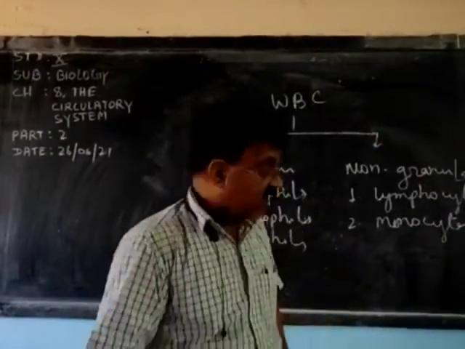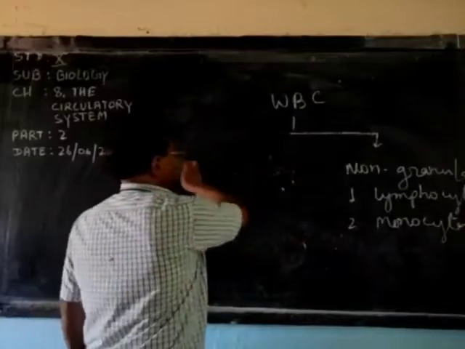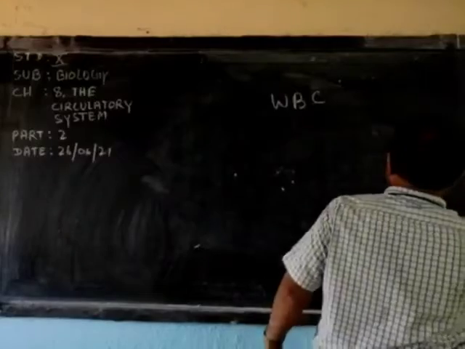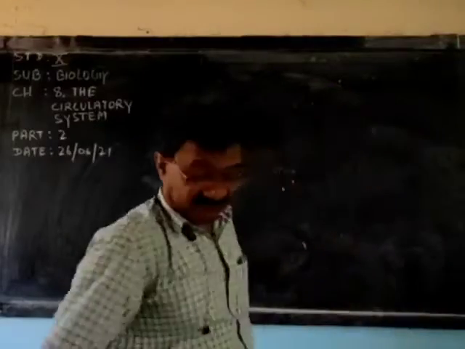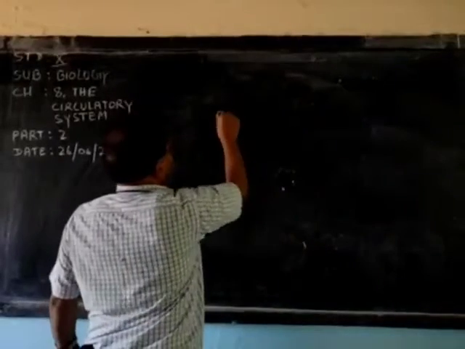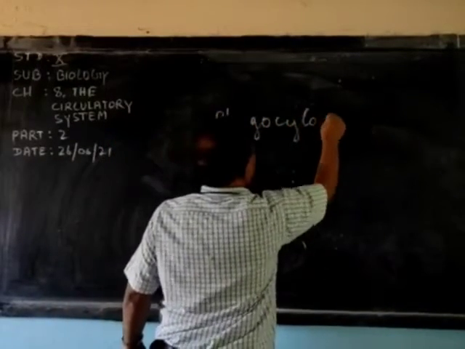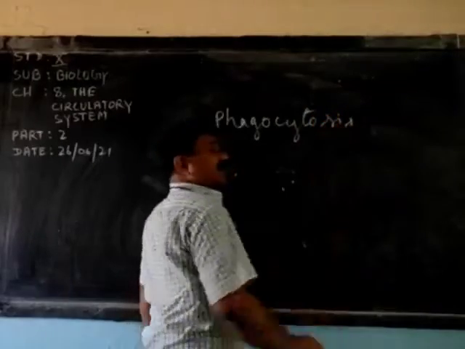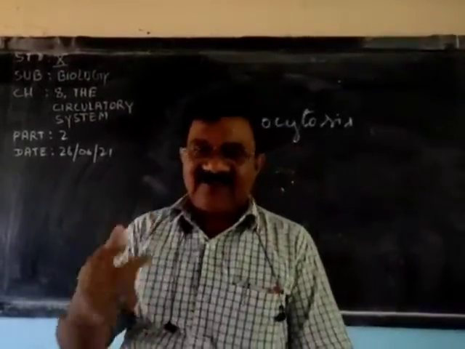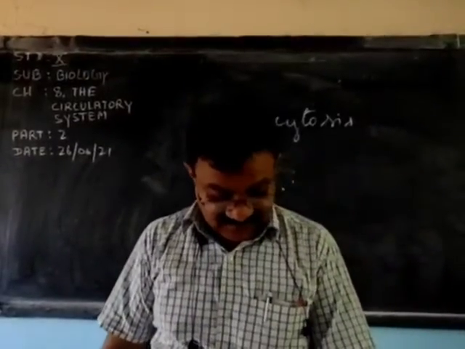Next, 2 words are important. One which we have discussed, that was diapedesis, and other which I have to discuss, and that is phagocytosis. Okay, very important. Phagocytosis. What I have told you, engulfing of the bacteria, especially by the neutrophil.